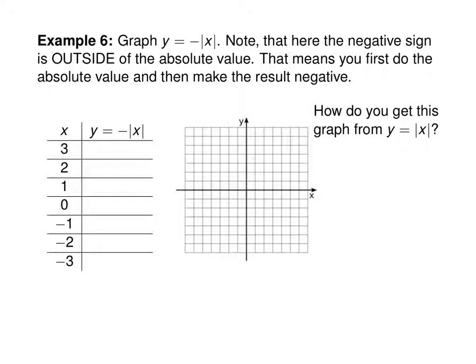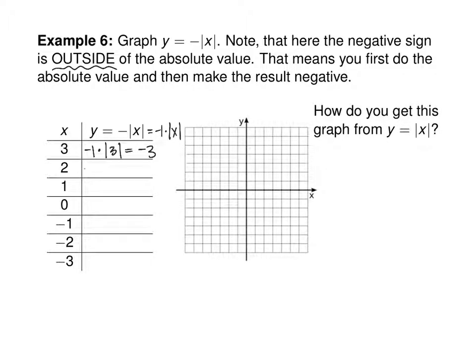Okay, one last one. So what if we multiply by a negative number outside? Now here, just notice that that negative sign is outside of the absolute value. What this means is first you absolute value, then you make the result negative. Or you can think about this as -1 times absolute value of x. So if I put in 3, I have -1 times 3's absolute value, which is -1 times +3, which gives me -3.